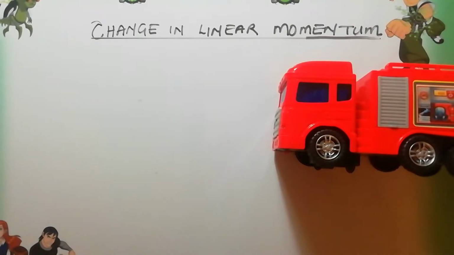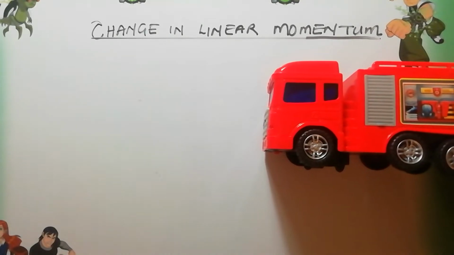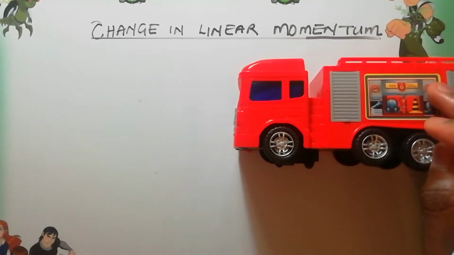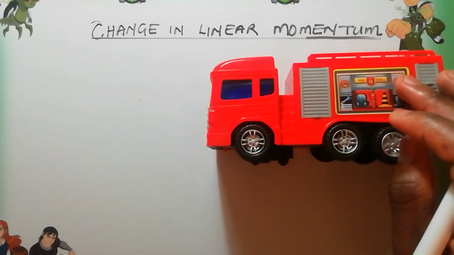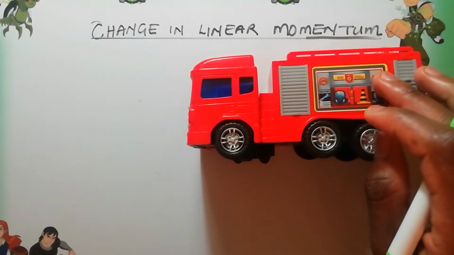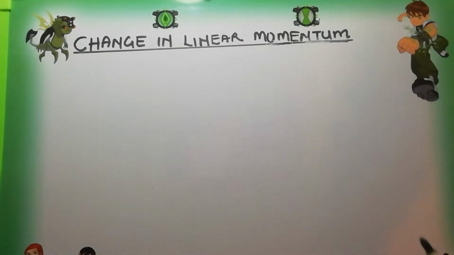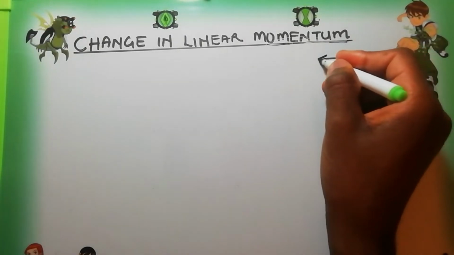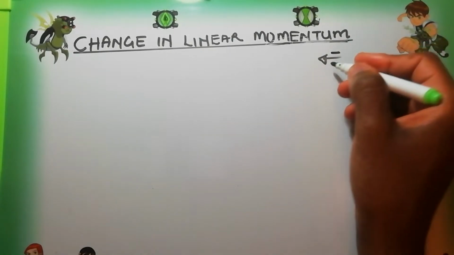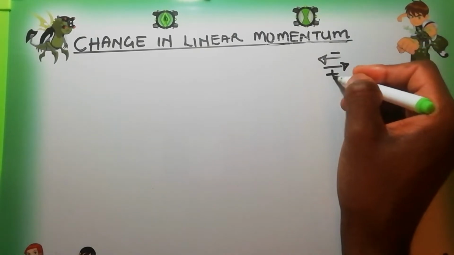So let's say this truck is moving with velocity, and that velocity is going to be v initial, vi. Let's calculate its momentum. Let's state our directions. So to the left we are talking about negative direction, and to the right positive direction.